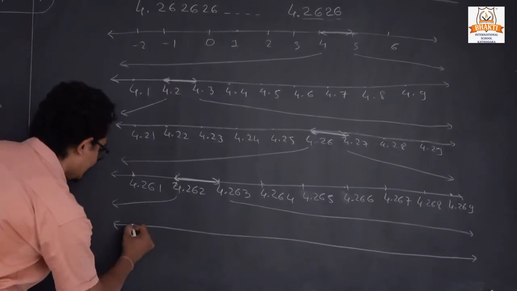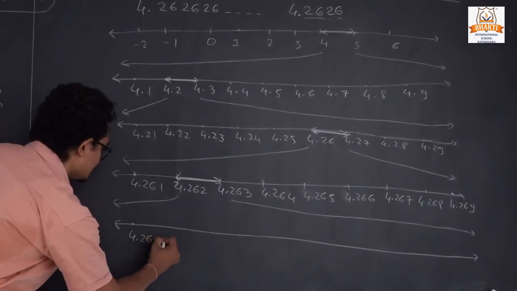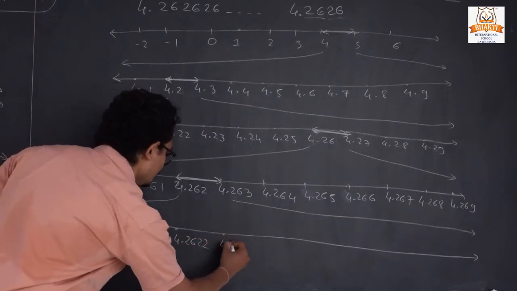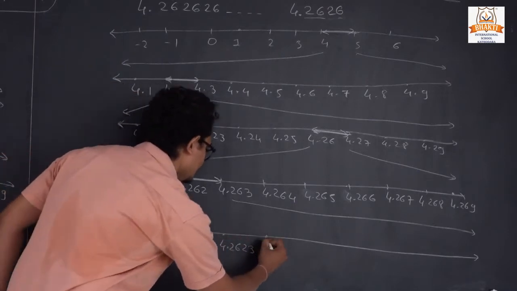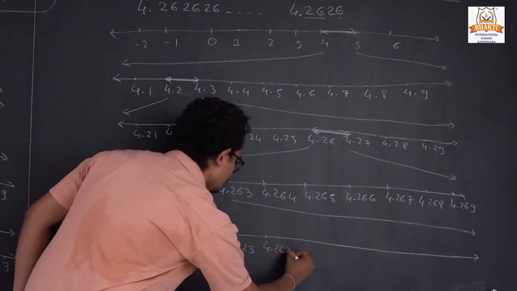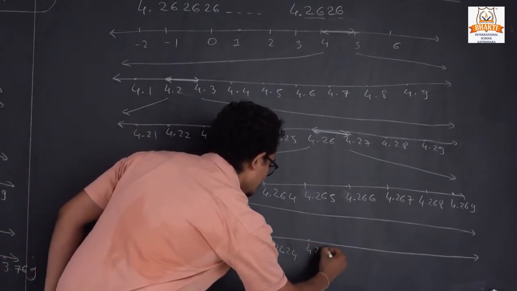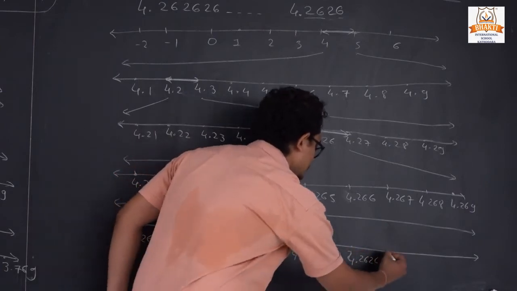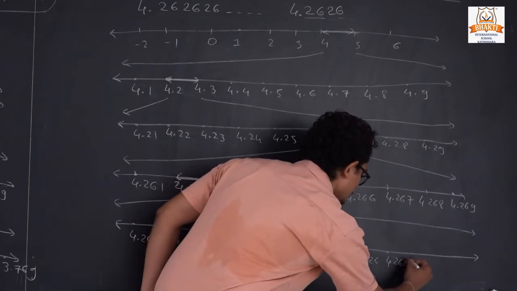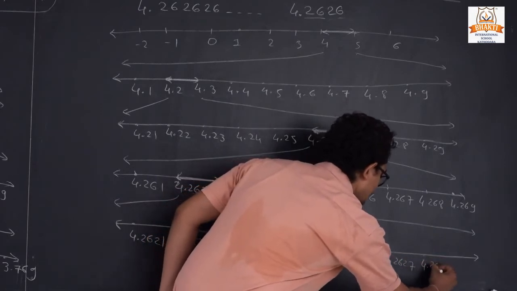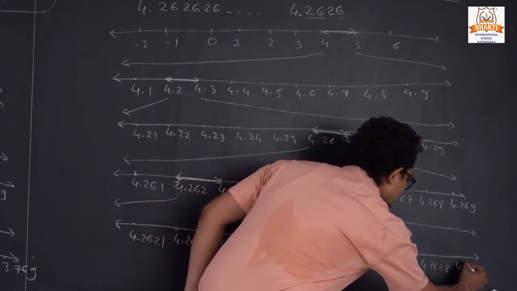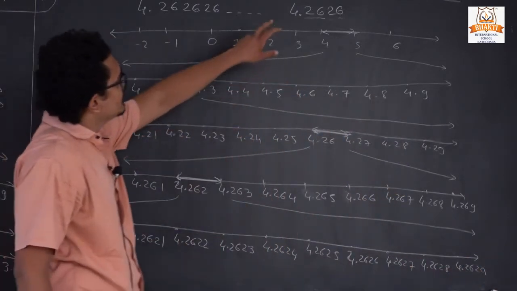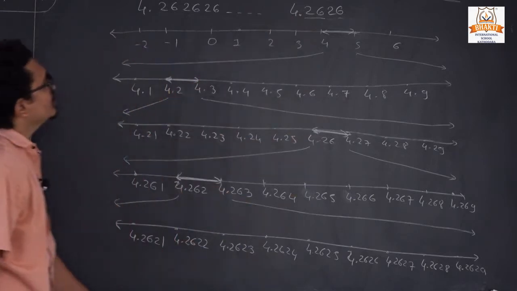Here we start like that, 4.2621, then 4.2622, 4.2623, 4.2624, 4.2625, 4.2626, 4.2627, 4.2628, and last 4.2629. So which number do we want to represent on our number line?